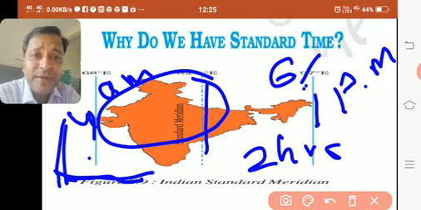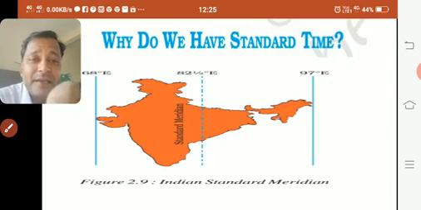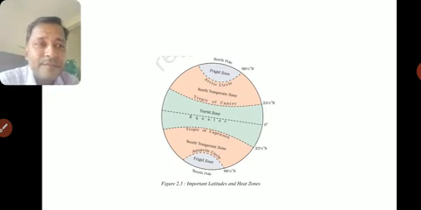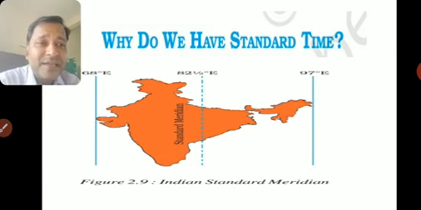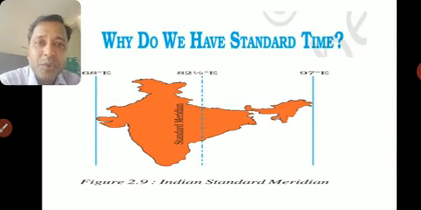So what we do in India, we take a standard time, and that standard time lies in this standard meridian. You can see the dotted line in between. So at 82.5 degrees east, we have the standard meridian. So all through India, we all follow the time which is on this line. So our watches are maintained in that way.